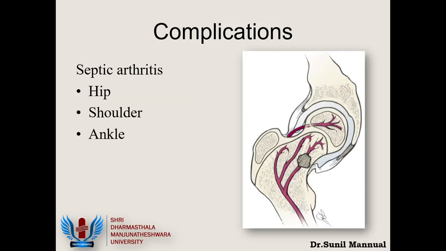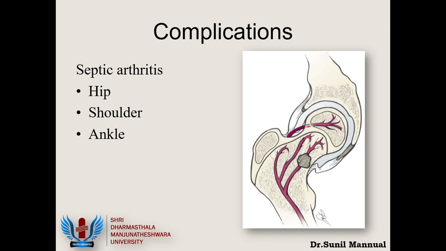Now, as I mentioned to you, in the hip joint, in the shoulder joint and in the ankle joint, the infection in the metaphysis can progress into the joint because of the capsular connection that takes in a part of the metaphysis and create an infection of the joint. So this is possible in the hip, shoulder and ankle joints.